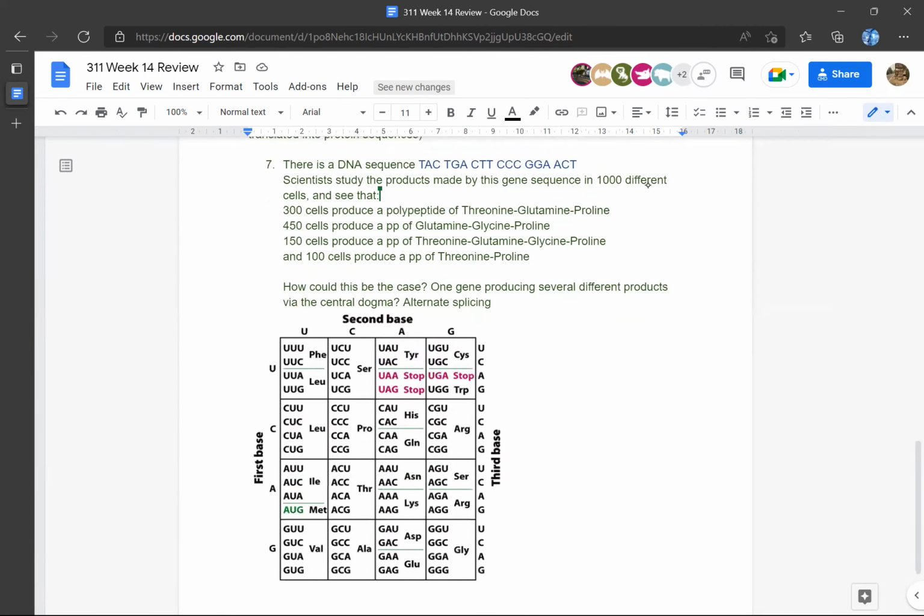So this DNA sequence, TAC, which RNA codon sequence is it going to correspond to? Yeah, it's AUG, because T pairs with A, A pairs with U, C pairs with G.